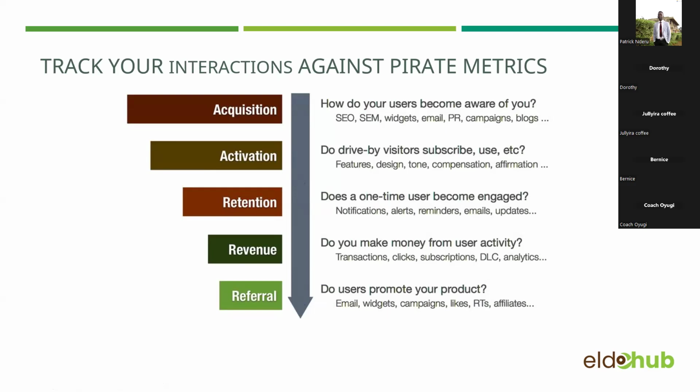So we have a number of tools that you can use. In a digital space for acquisition, people can use, for example, the Google search engine, the Yahoo search engine or Bing. So you can track that as a way people are using to reach you. For activation, you can talk about the features of the product.